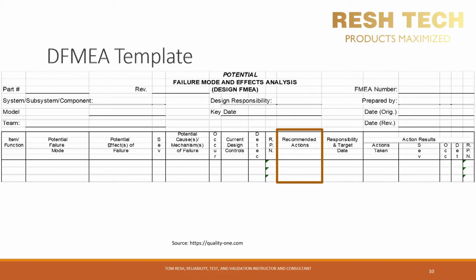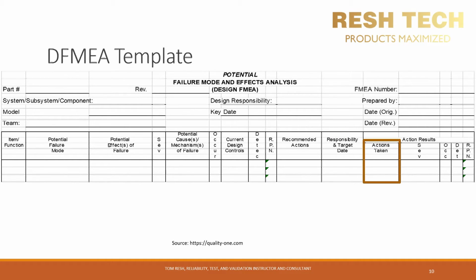Typically, the RPN product is reduced by either reducing the occurrences or the detection or a combination of both. The second column is the responsibility and target date. This is the engineer who is responsible for driving the action or performing the action for the failure mode, and the target date to close out the failure mode item with satisfactory results that meet the company and customers' requirements.